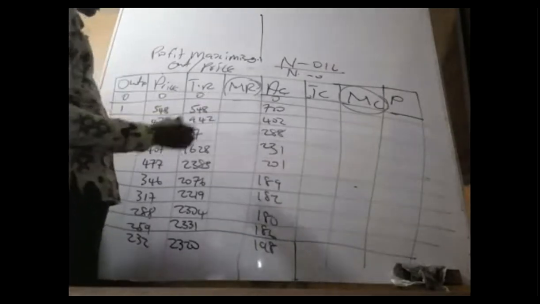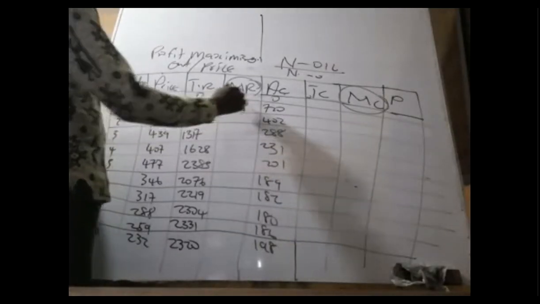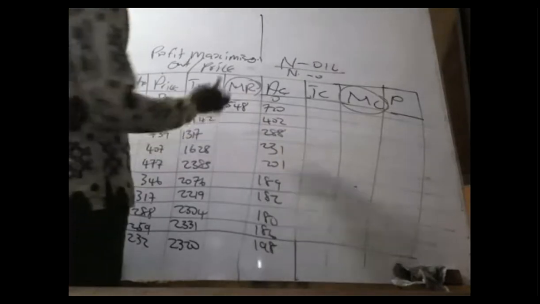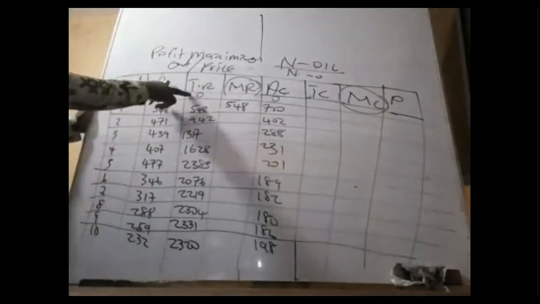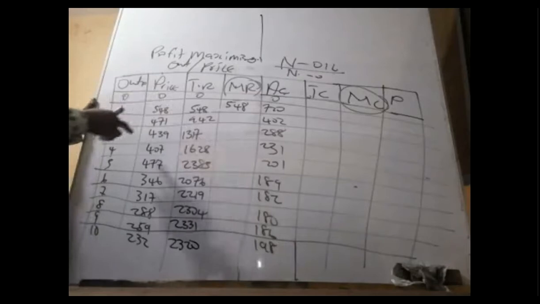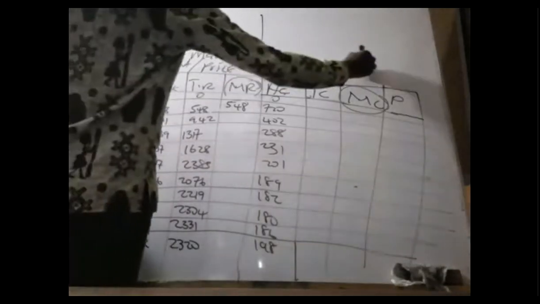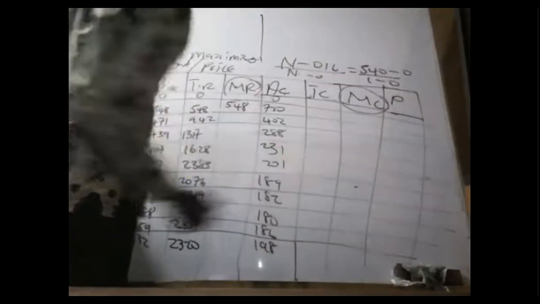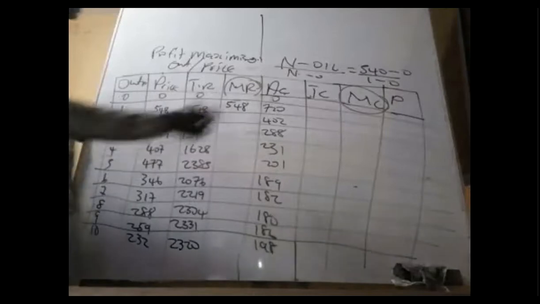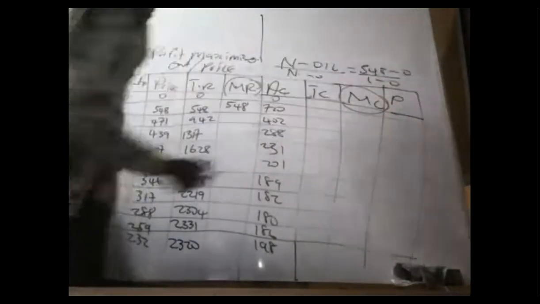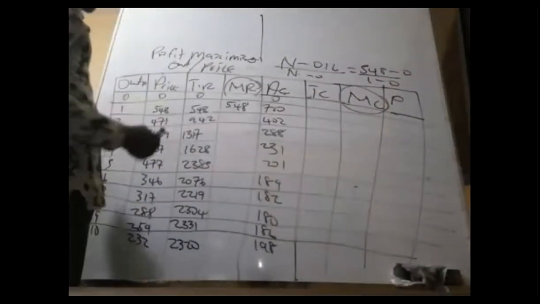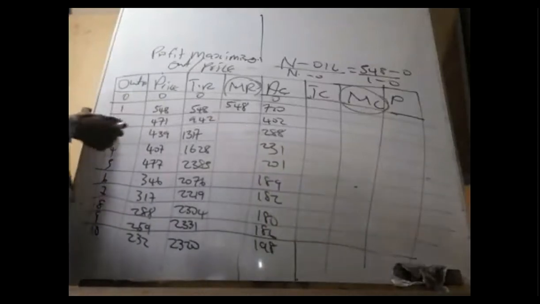Over here, the answer will be 548. Why 548? New is 548 minus the old, all divided by the change in quantity, 1 minus 0. So this one will be 548 minus 0, all divided by 1 minus 0. That's why it's still 548. Let's come to the second.